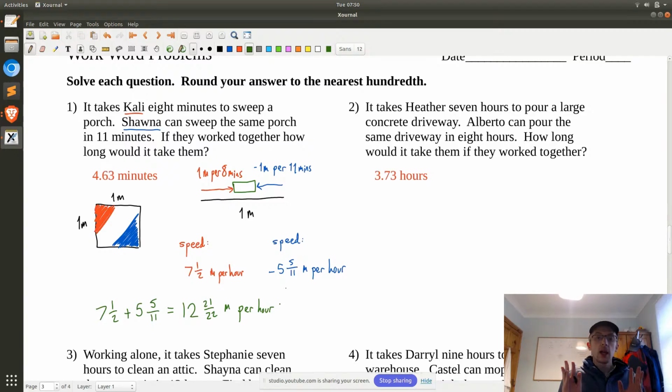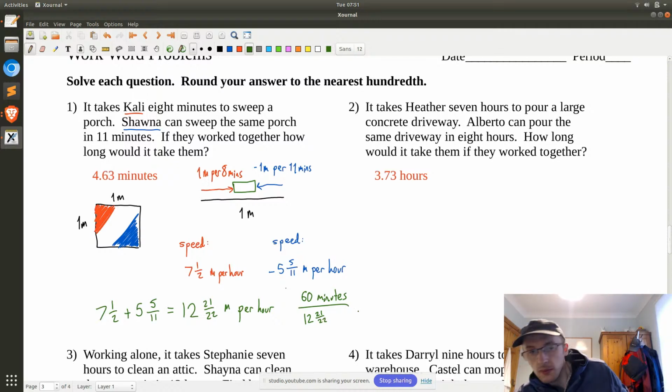Okay. How long does it take them to cover a single meter? Well, that would be 1 hour, which is 60 minutes, divided by 12 and 21 over 22. I'm going to have to use a calculator for that. I mean, you could get a rational number, but you're going to decimalize it eventually.